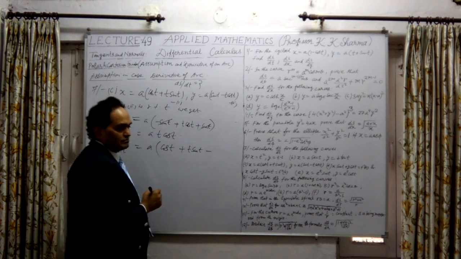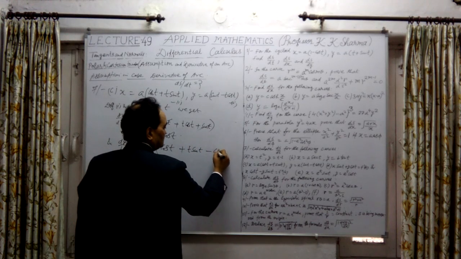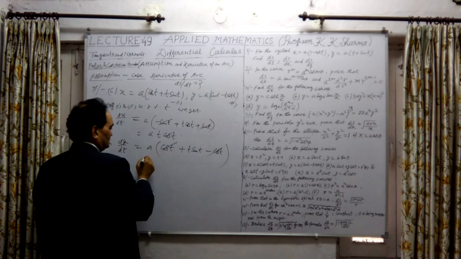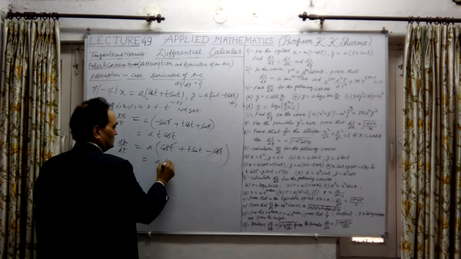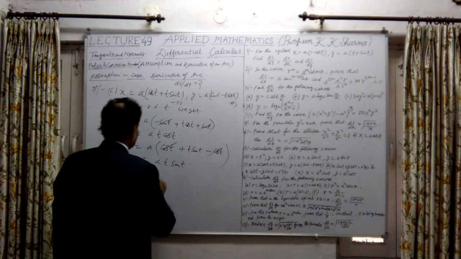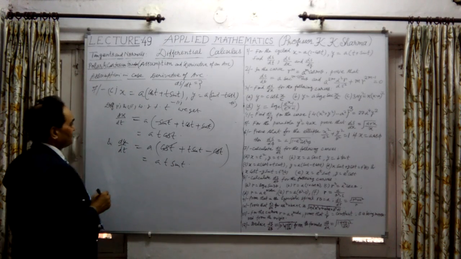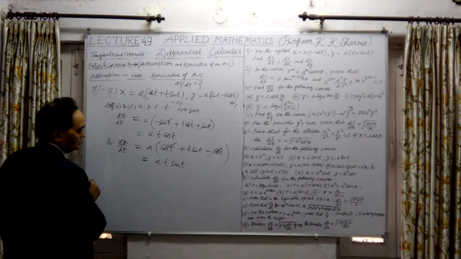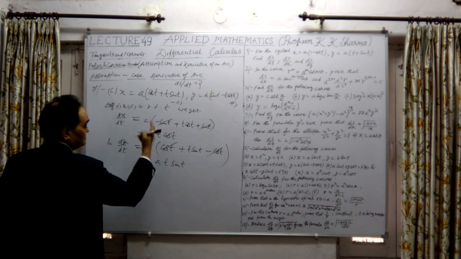Now it is minus cos t as it is, t differentiated is 1, so cos t cancels out. It is nothing but a into t into sin t. Excellent. So dx upon dt is a t cos t and dy upon dt is a t sin t.